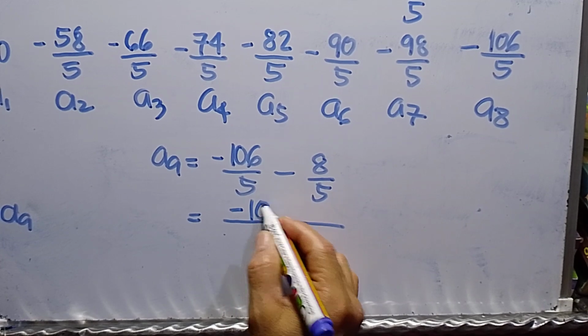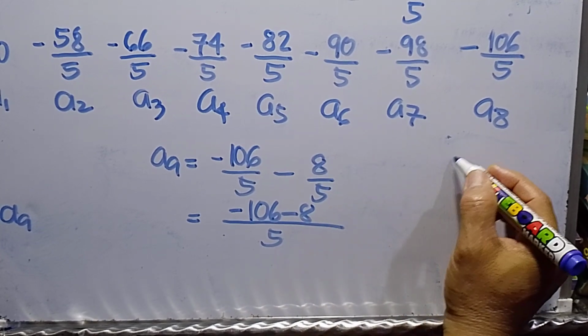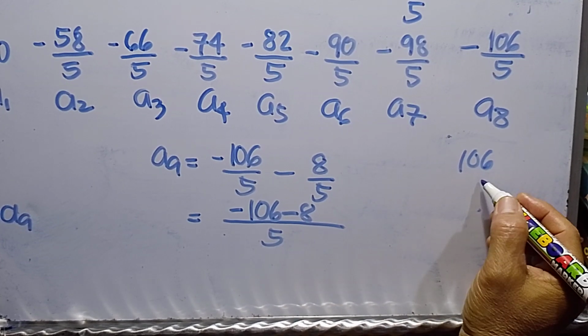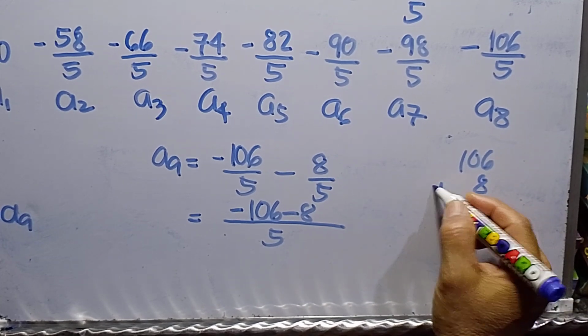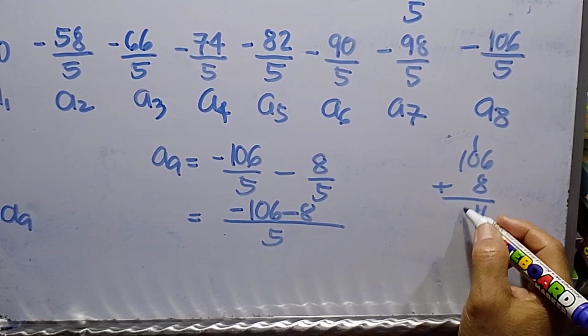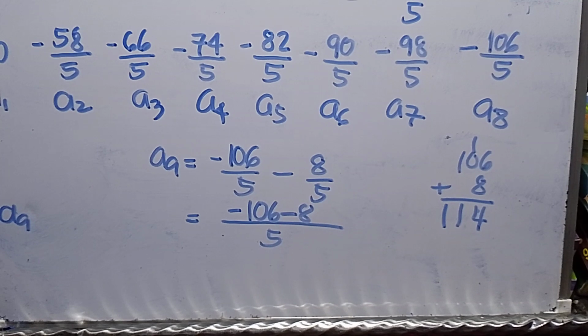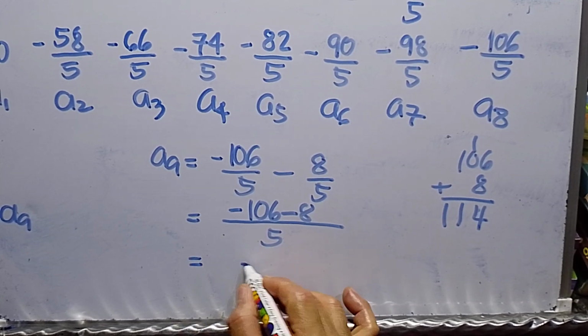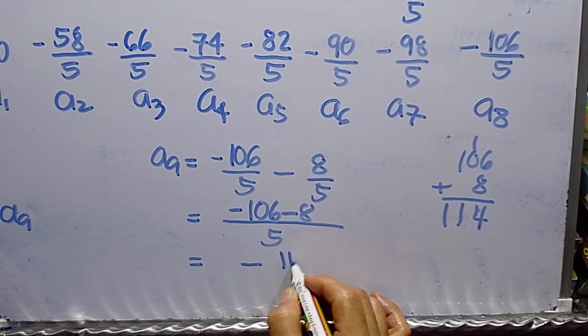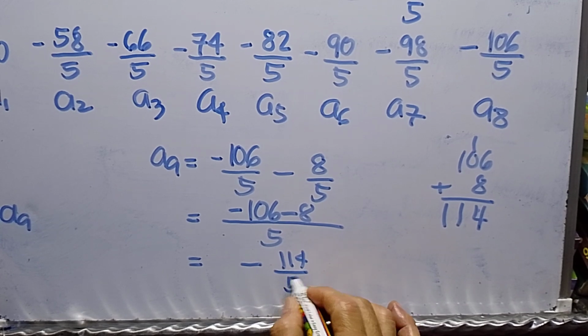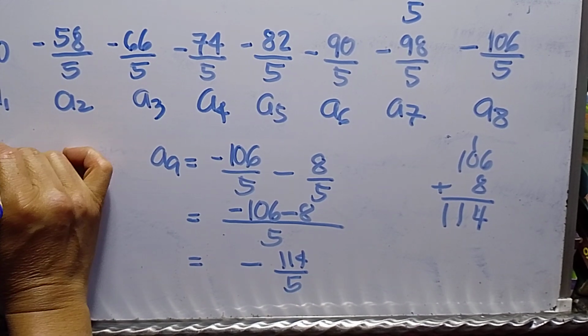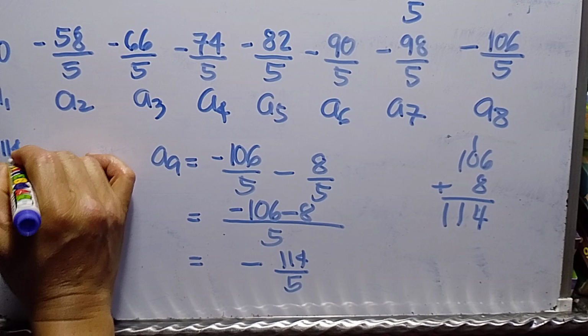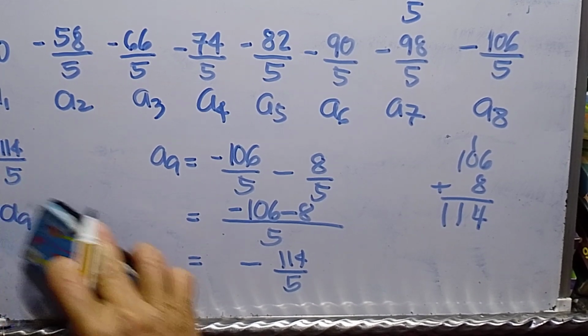Then, negative 106 minus 8. So, 106 and then 8, this is 14. Carry 1, 1. So, this is negative 114 over 5.